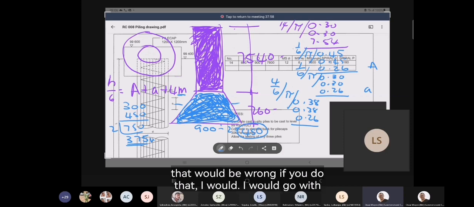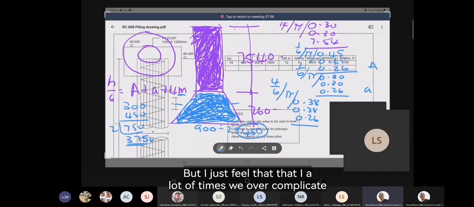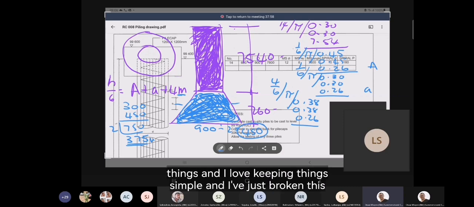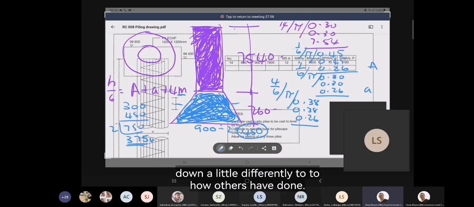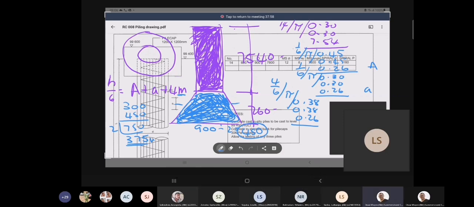Not that it would be wrong if you do that. I would go with either way. But I just feel that a lot of times we overcomplicate things, and I love keeping things simple. And I've just broken this down a little differently to how others have done. Right.